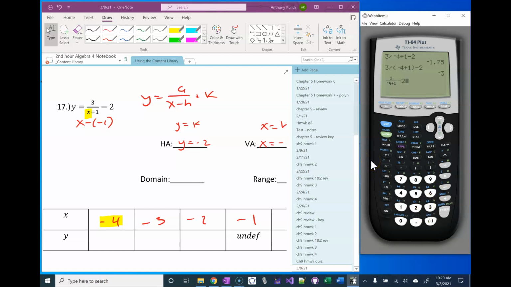Well, here's the nice part about doing it this way. You can do it all in one line. If I press second and enter, it'll input the last thing I typed in. So I can just go back and change that -4 to a -3 and press enter again.